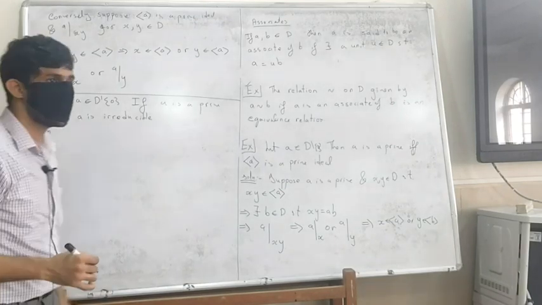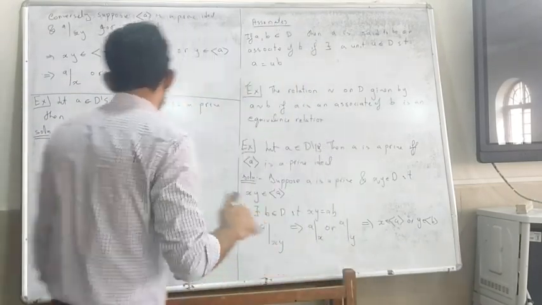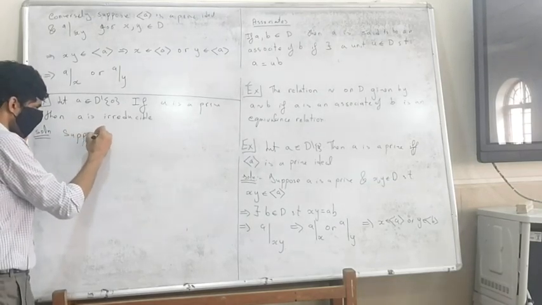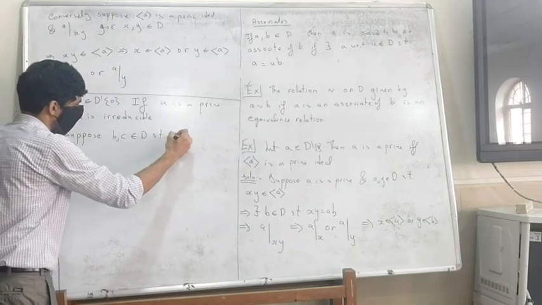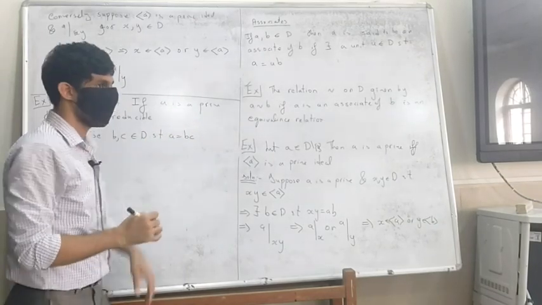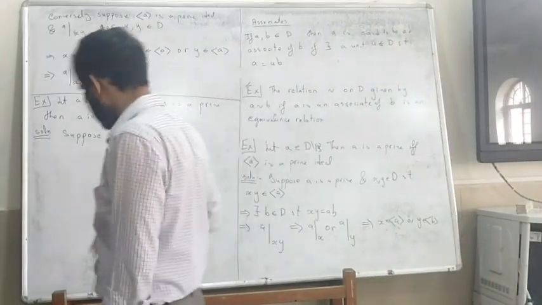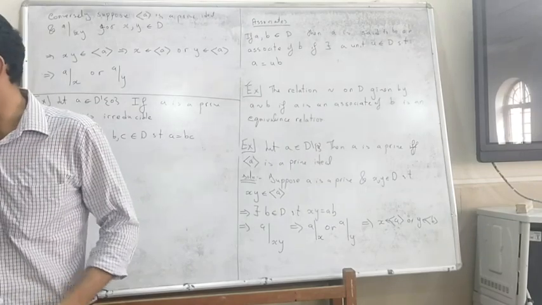I need to then show that either B is a unit or C is a unit. So suppose B, C belong to D such that A can be written as BC. I need to show that either B is a unit or C is a unit. How do I do this?